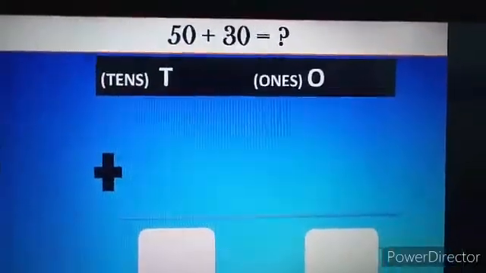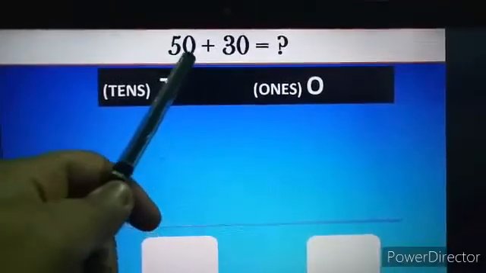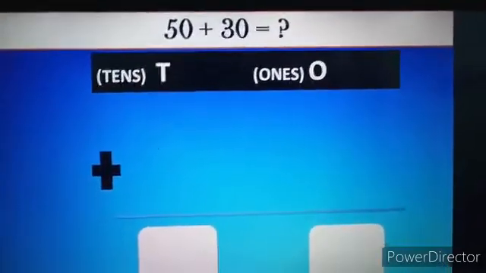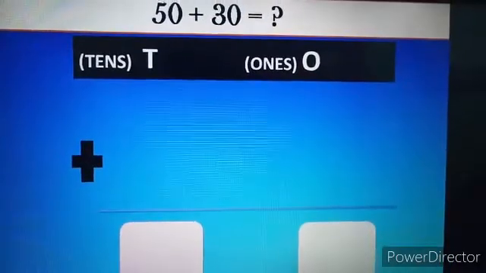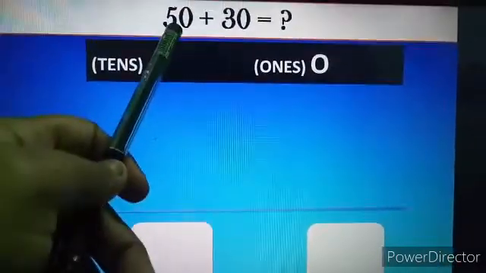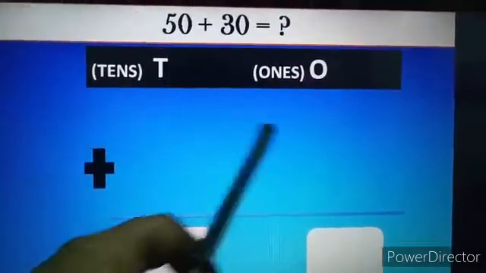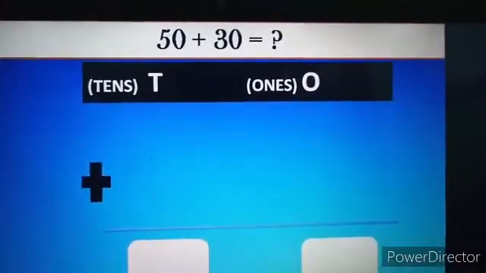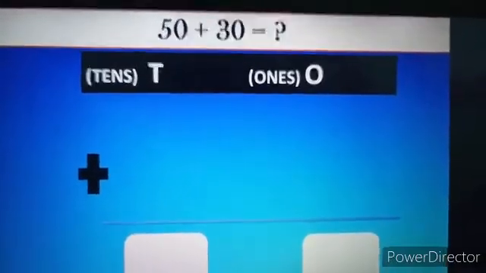See children, here is a question, 50 plus 30 equals dash. We don't know the answer. Again we will do the same. We will first put this 50 in its respective rooms, and after that 30 we will put in its respective rooms. Let's start.